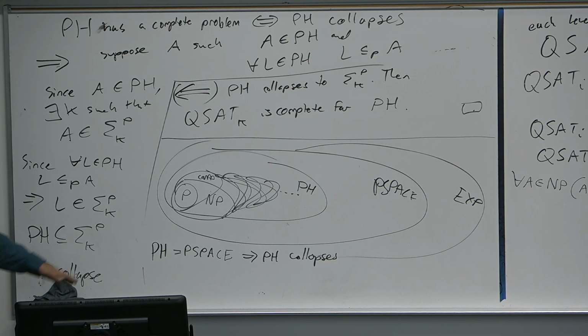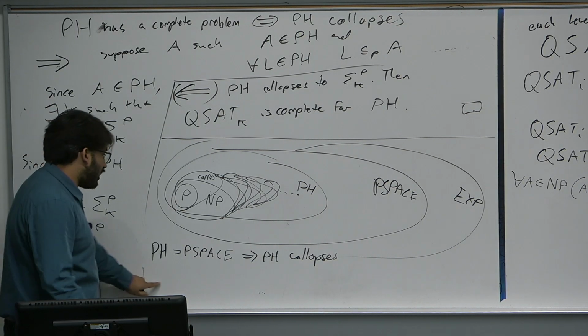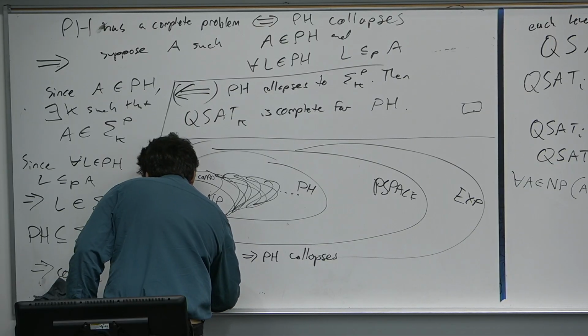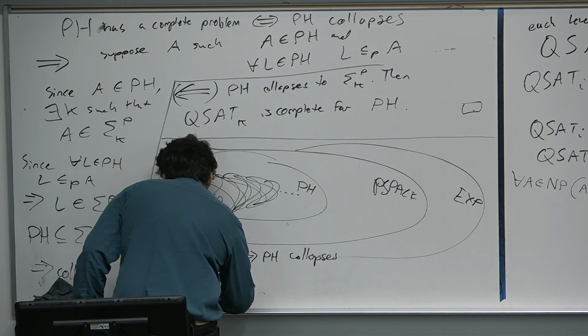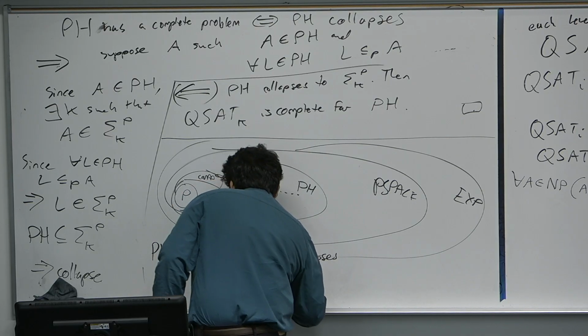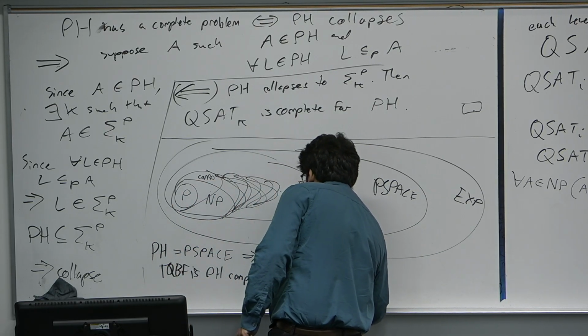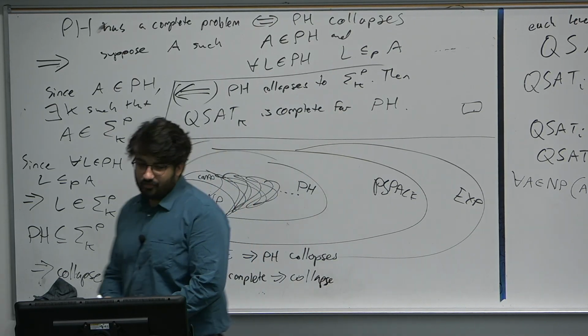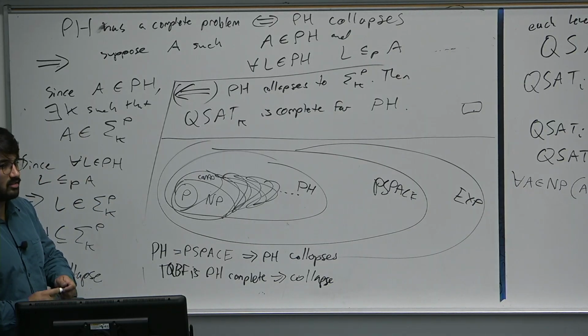Okay. So if PH equals PSPACE, what do you know must be true? There's PH-complete problems. And then, yeah. If PH equals PSPACE, then TQBF is PH-complete, implying collapse. So if it was big enough to be PSPACE, it would collapse.